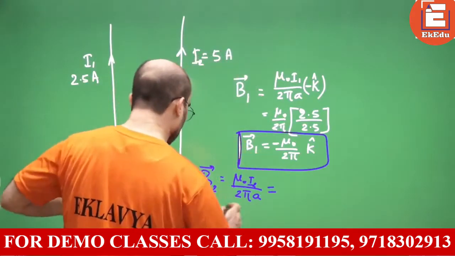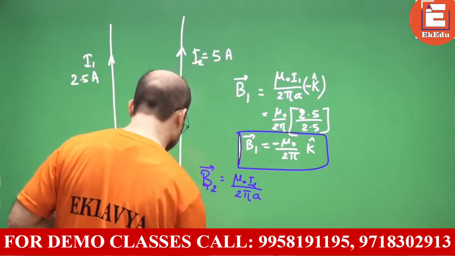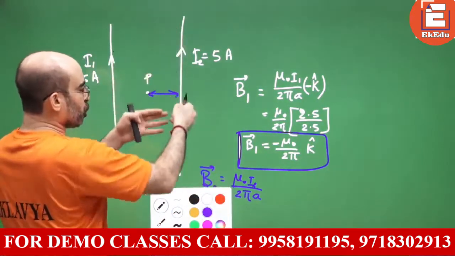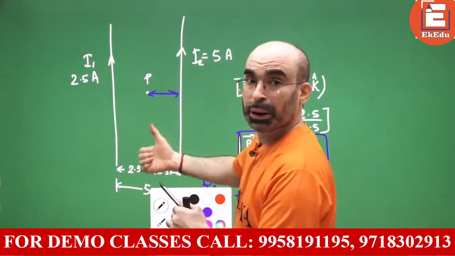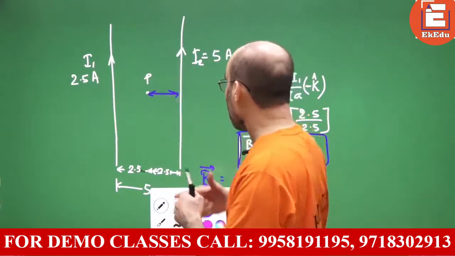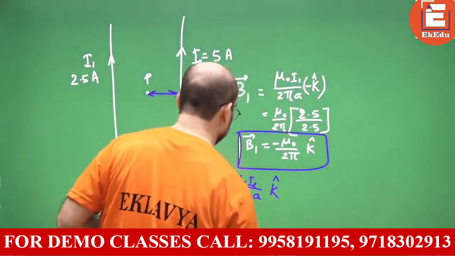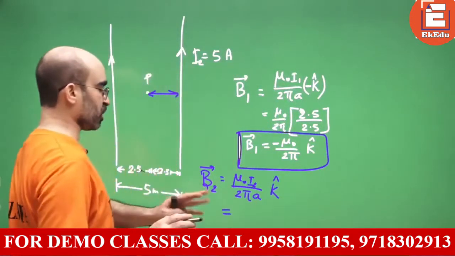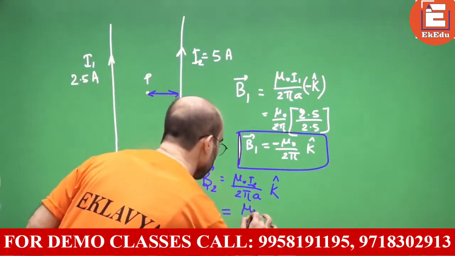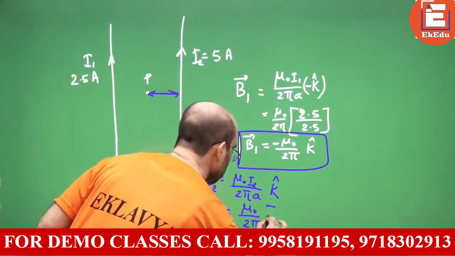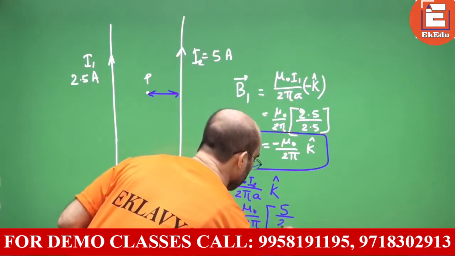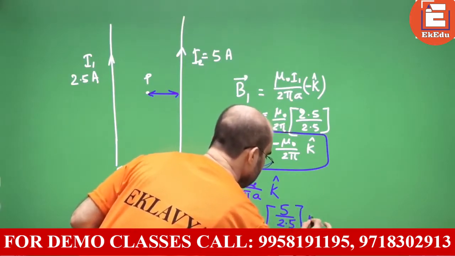And one more thing, the magnetic field due to this current is outward, right? So this will be positive k cap, in the positive z-axis. So this would be mu naught by 2 pi into what? 5 by 2.5, k cap.